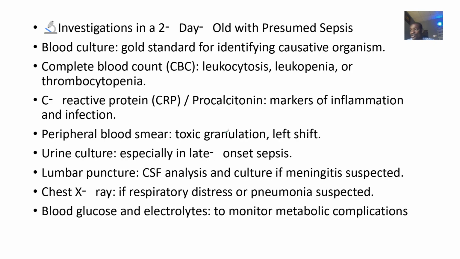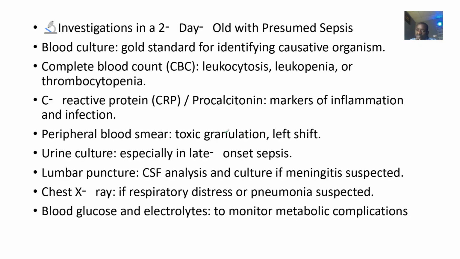What investigations do you do for a 2-day-old that has sepsis? Of course, this is early onset sepsis. Complete blood count: you're looking out for levels of white blood cells and levels of platelets. C-reactive protein: you're trying to see if there is inflammation going on.